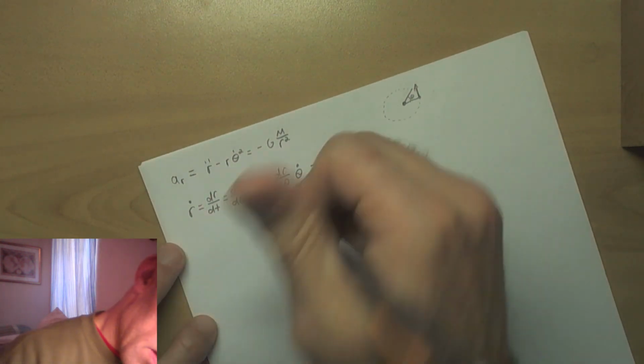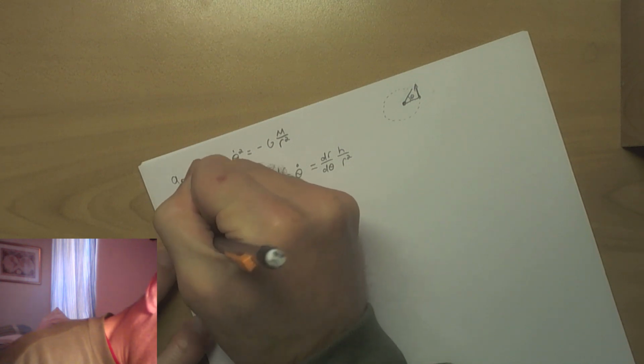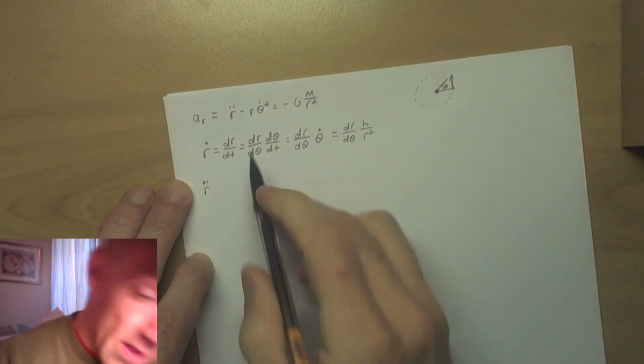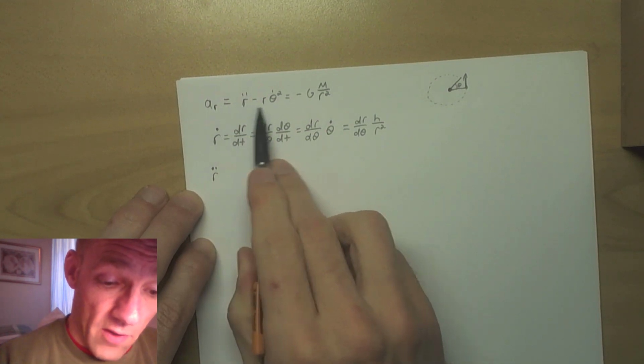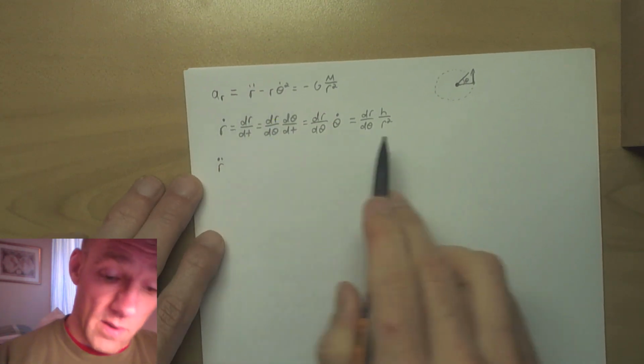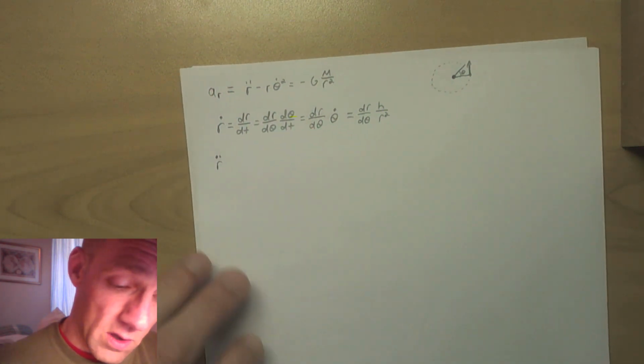Then likewise for r double dot. We need these in order to plug them back into this relationship. Right now this is in terms of time, and we're going to eliminate time from the relationship.